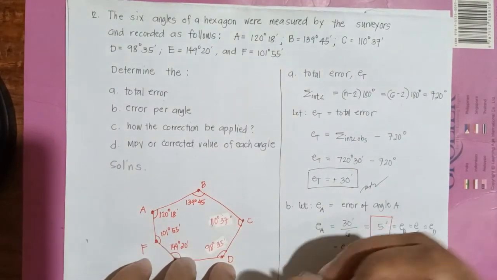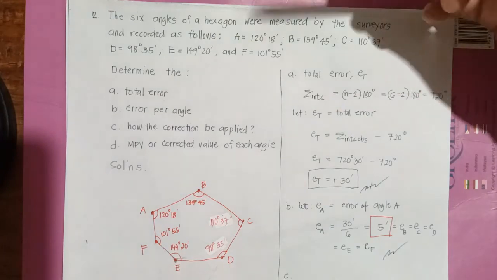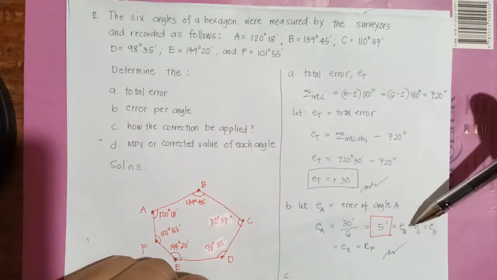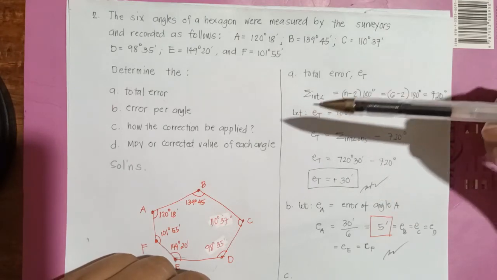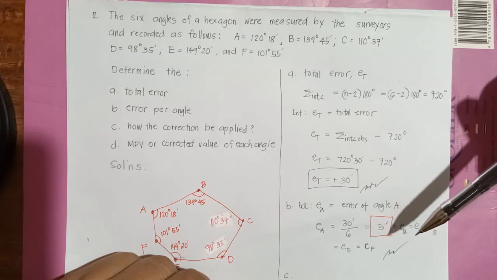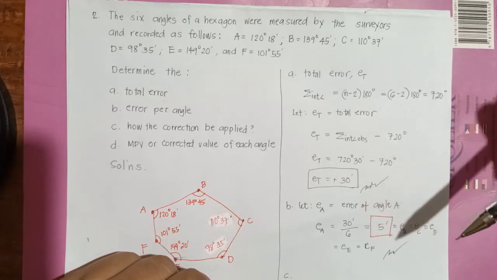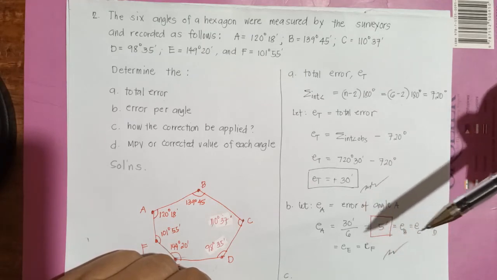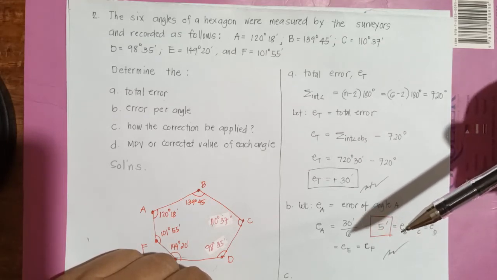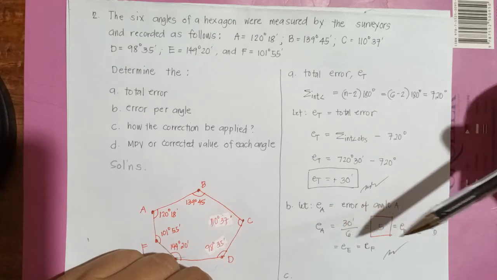For letter C, how is the correction applied? So this is the error; now how do we apply the correction? Basically, error and correction are numerically equal, however their signs are opposite.